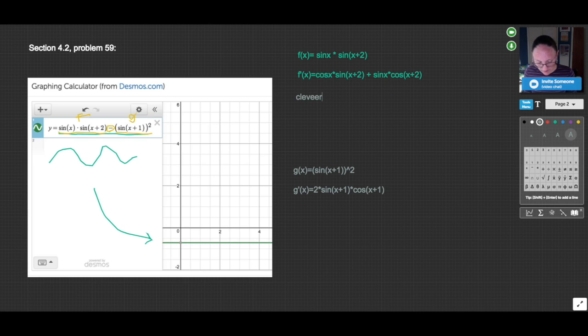So the trig identity that I'm thinking about will employ some cleverness: sine of A plus B is equal to sine A cosine B plus sine B cosine A. If that's the case, and we take a look at the function that we've got up here, if we treat A like it's x plus 2, and we treat B like it's x, then this should match up.